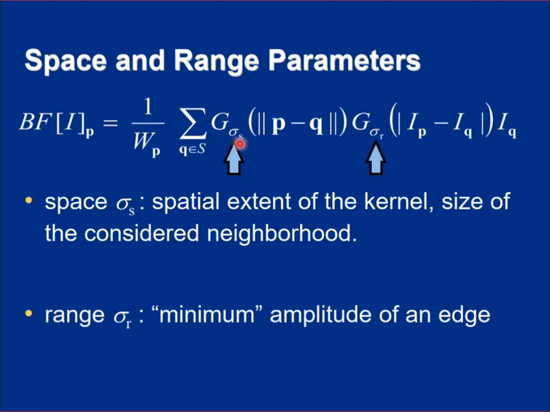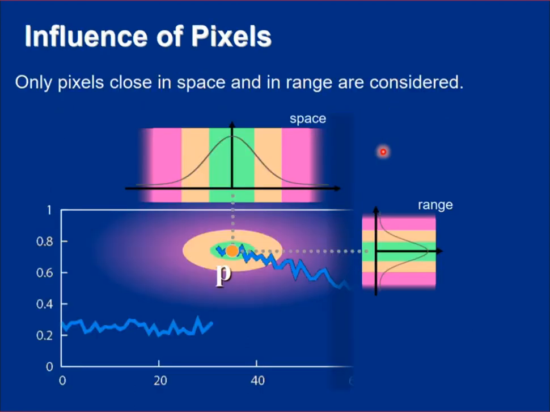This is for the space, and this is for range. Again, how to tune the parameters? Nobody knows. You need to try the value for the first one, and the value for the second one, and find the optimized parameters for the image you want to use.